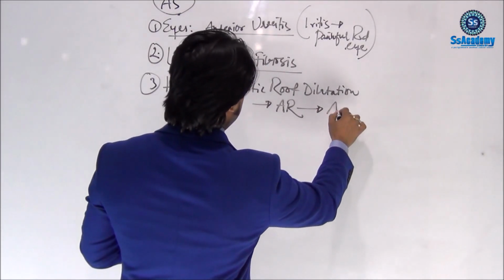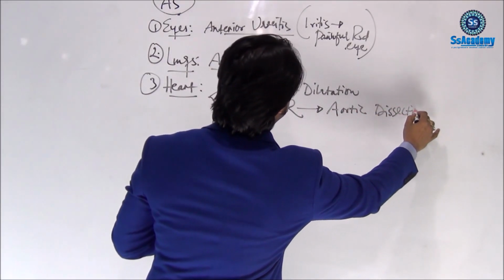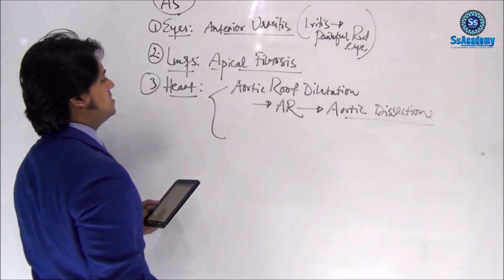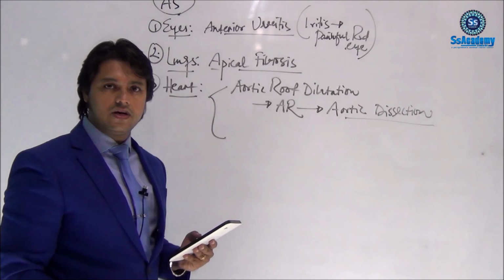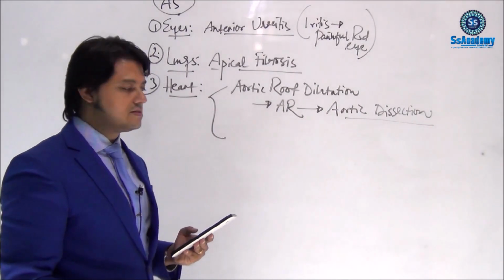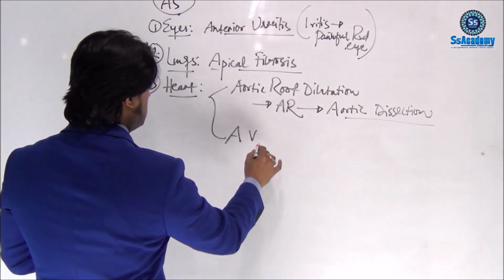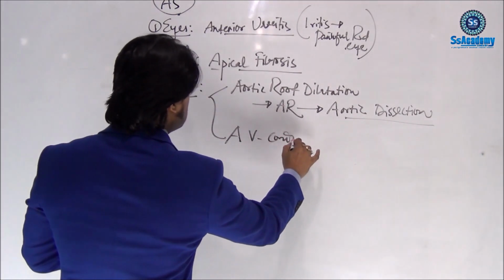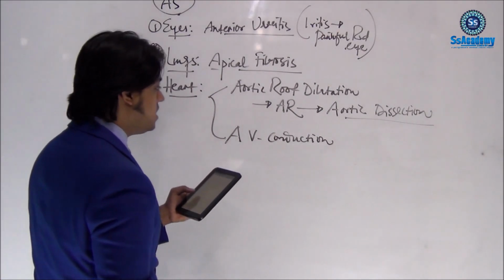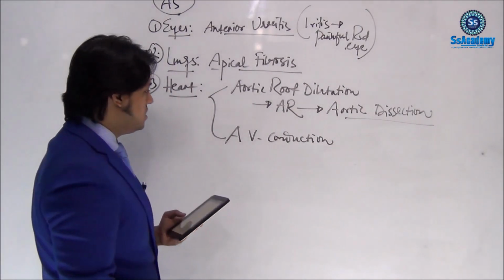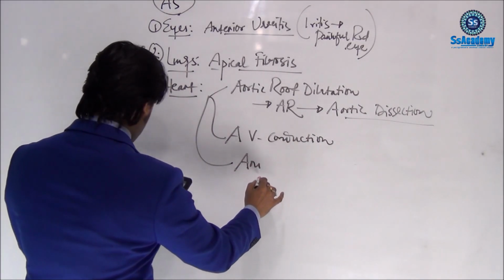This leads to aortic dissection, which is one of the most important dangerous complications of aortic root dilatation, especially in ankylosing spondylitis. Next point is A for AV conduction block, starting from the first degree, second degree, and also the third degree AV block. And also once again A, we can remember the amyloidosis.